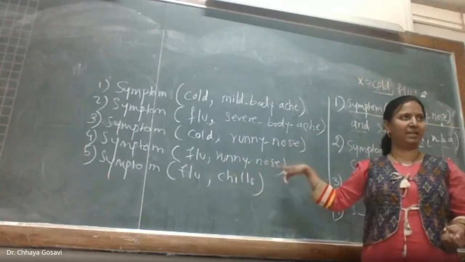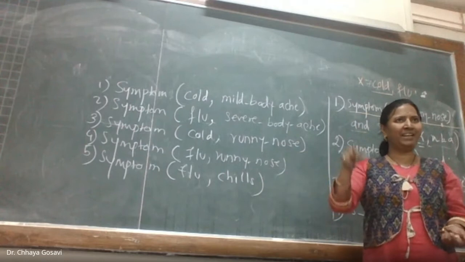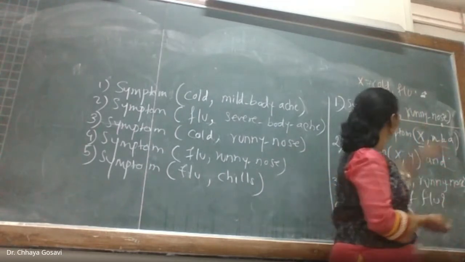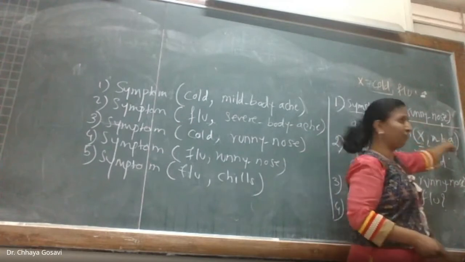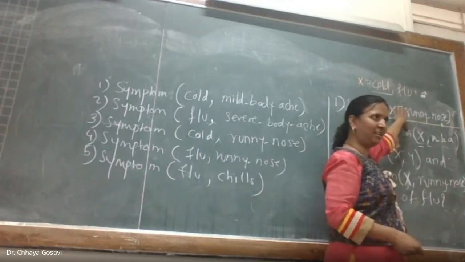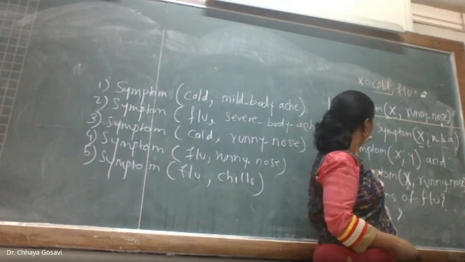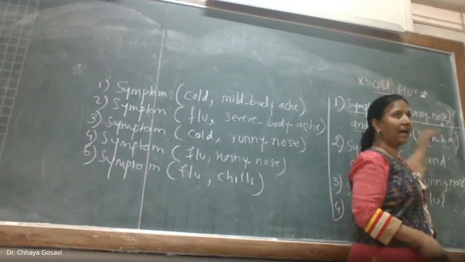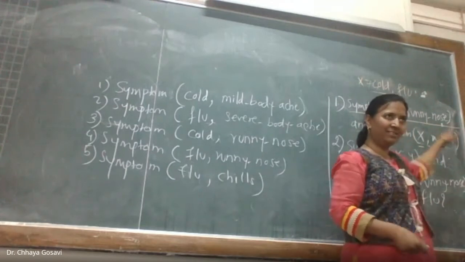So three AND statements. Then only you get X equal to flu. Right here, X runny nose, X mild body ache, for this you got the answer cold. So here it will add one more: X runny nose, X severe body ache, and X chills.